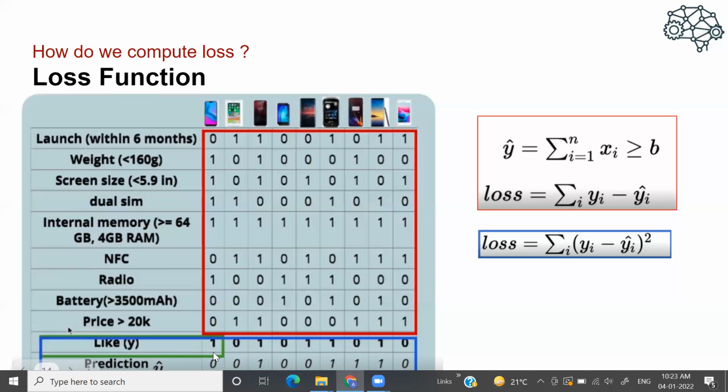So in this case, what is the loss here? This is a case where the model has failed to make the correct prediction, right? And this is another case where the model has failed to make the right prediction. This is another case, right? So I think there are three cases where the model is not able to make the correct prediction. Am I right?